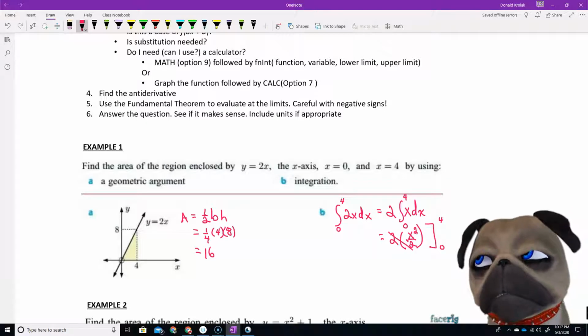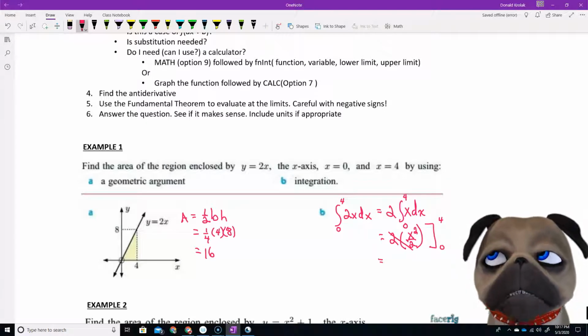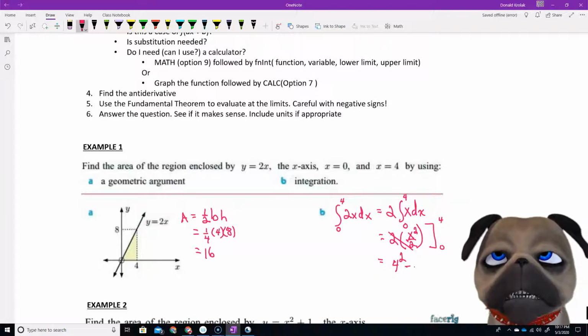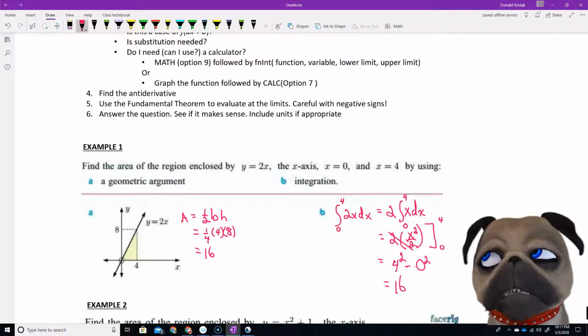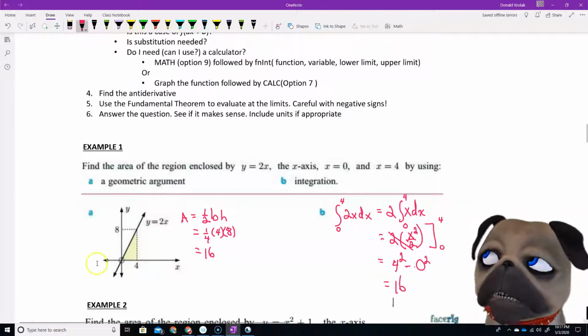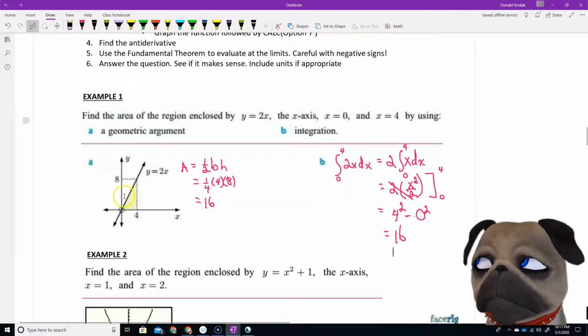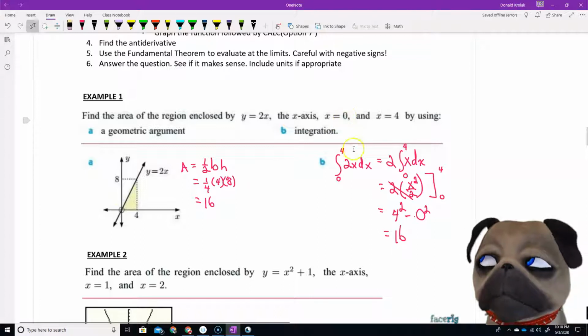These 2's will cancel, so it's just x squared. So it's 4 squared minus the lower bound, 0 squared, and I end up with 16. Obviously using just a geometric formula would be simpler here as opposed to using integration.